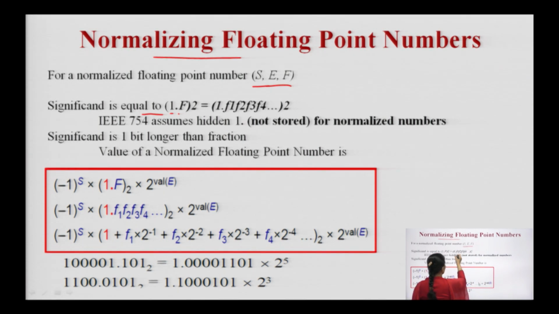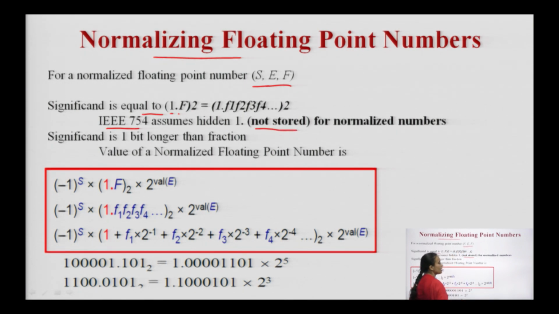This is the base 2 I have selected. IEEE 754 is a standard, we will move on to this standard later. It assumes a hidden 1 before the decimal, that is not stored anywhere.